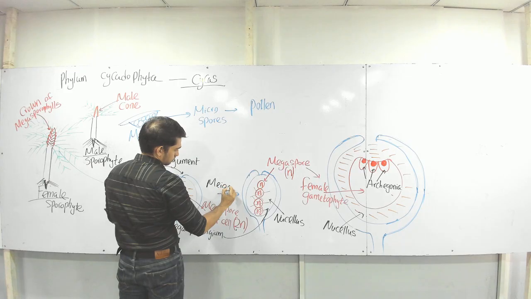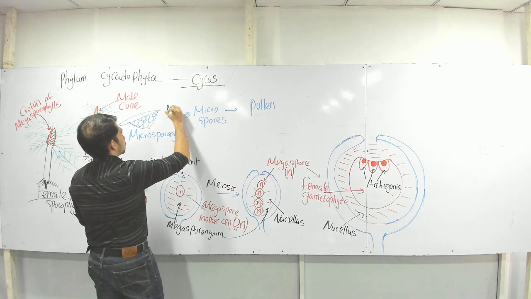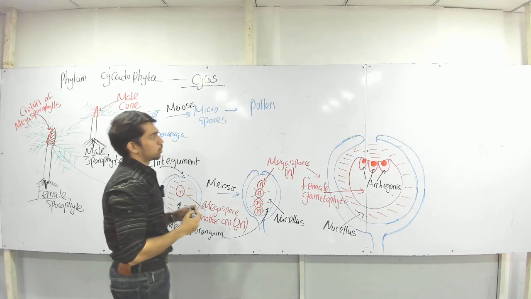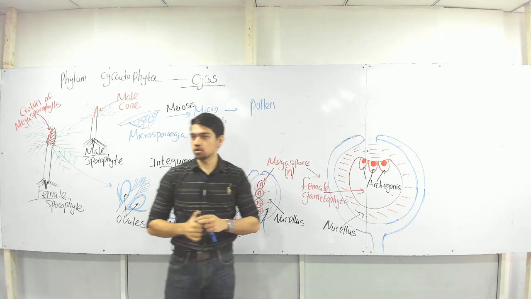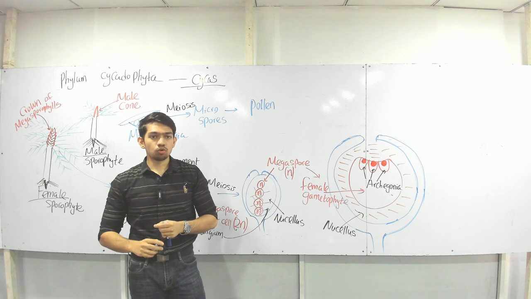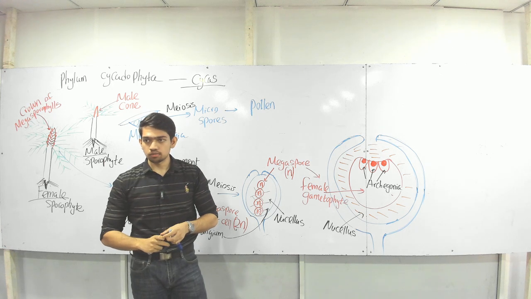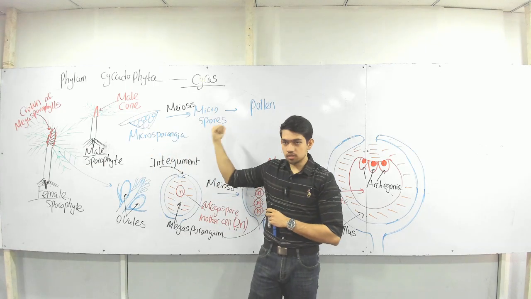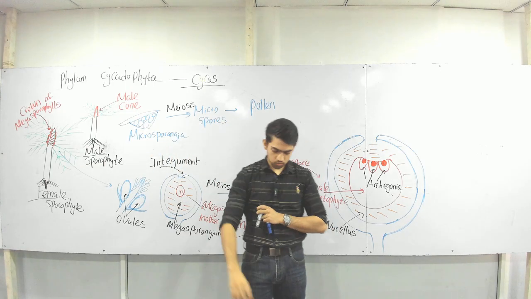Meiosis. Microspores are produced by meiosis. Pollen is produced. Pollen is surrounded by the pollen wall composed of what? Sporopollenin. It protects the inside microspore.